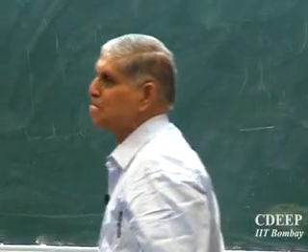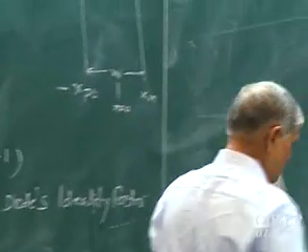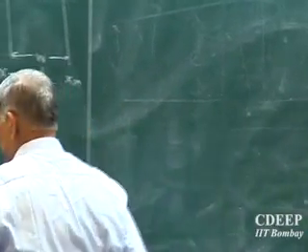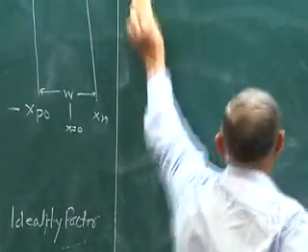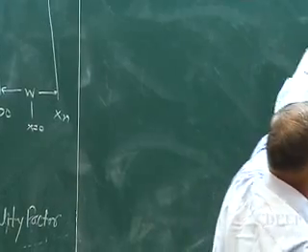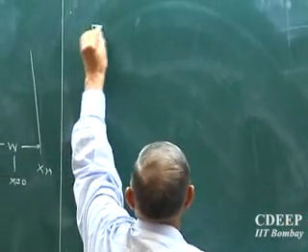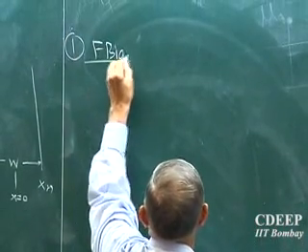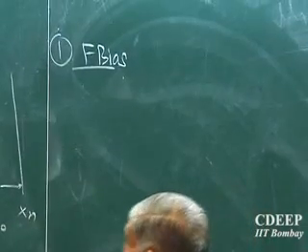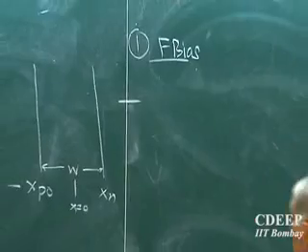So let's do it. Take case 1, in which the PN junction is forward biased. Under forward bias, P is getting positive potential, N is getting negative potential.